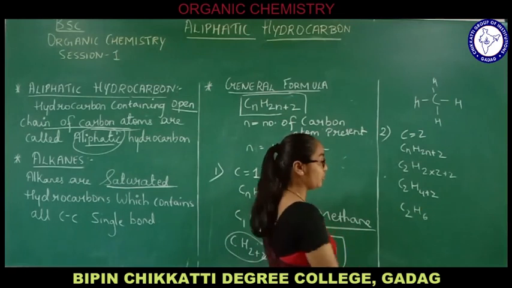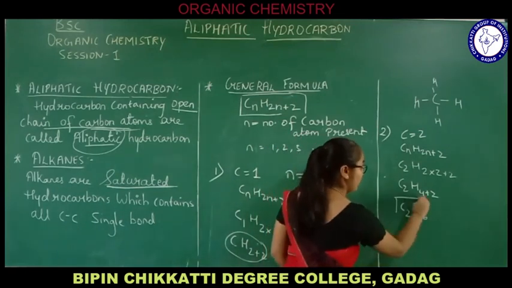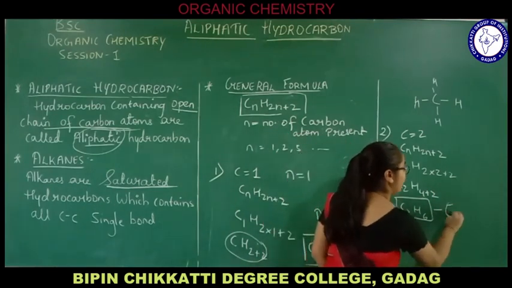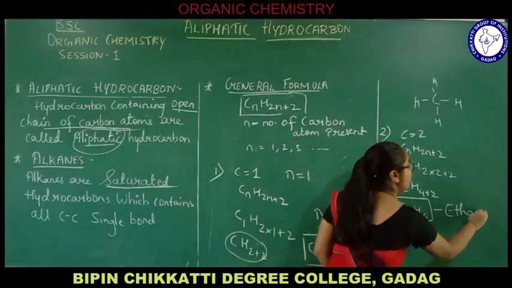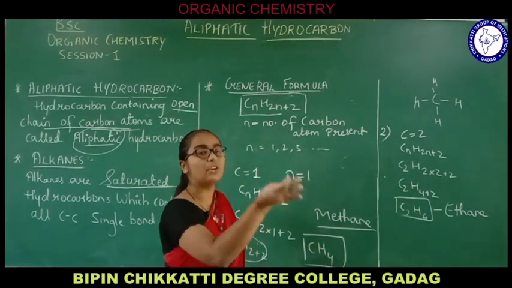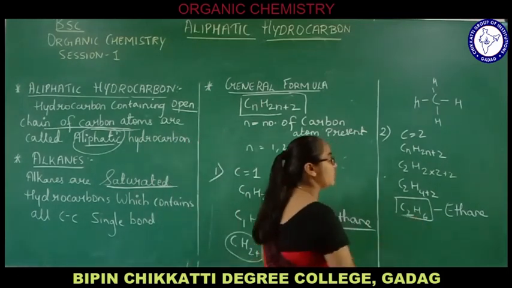So totally 2 carbons and 6 hydrogens are there. The name for this compound is ethane. It is very simple. You just have to substitute the number of carbon atoms into it.